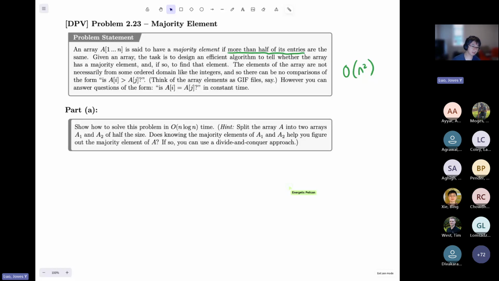Okay. So hence split the array into two arrays, A1 and A2, of half the size. Does knowing the majority element of A1 and A2 help you figure out the majority element of A? If so, you can use a divide and conquer approach. So this is basically telling you, let's consider merge sort. You're splitting the array into two subarrays, and if I have a majority on the left and it's the same majority as on the right, then that's my majority for those two subarrays, and I can bubble that up.